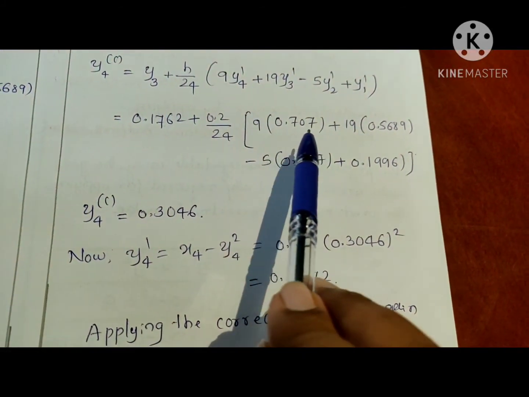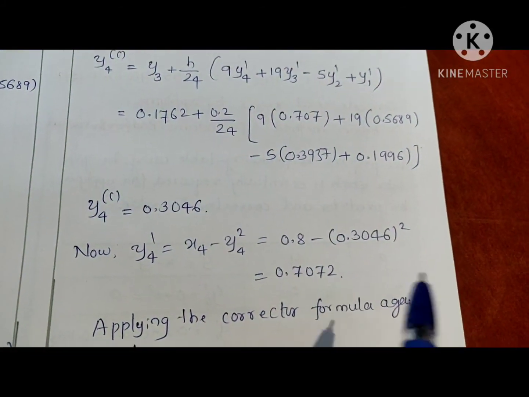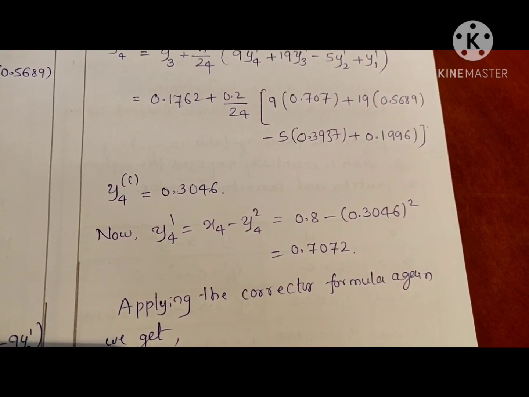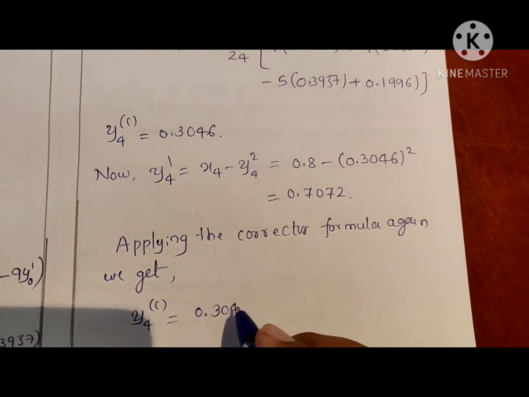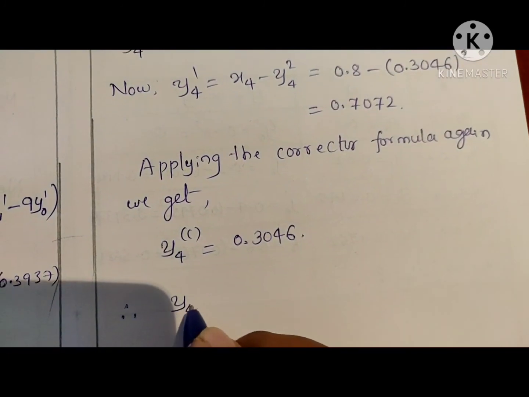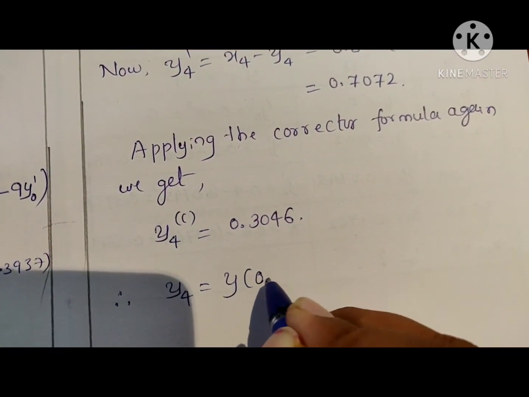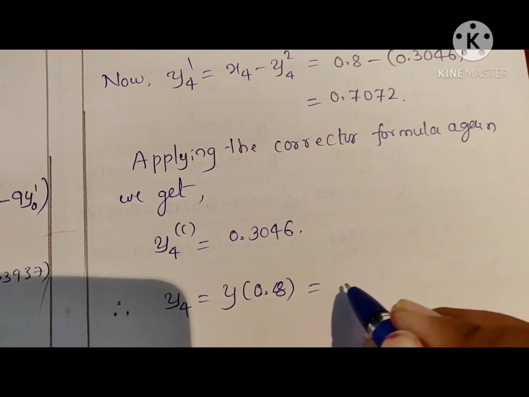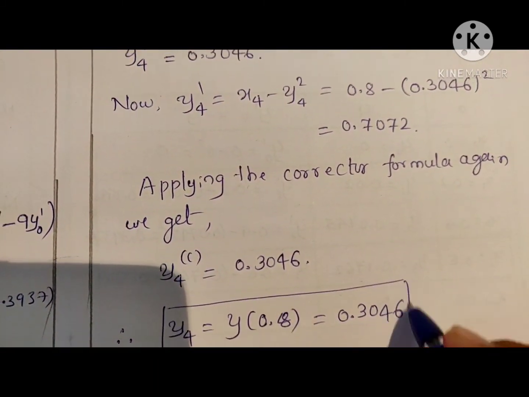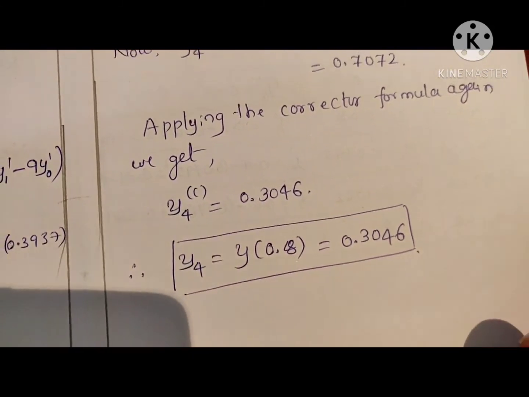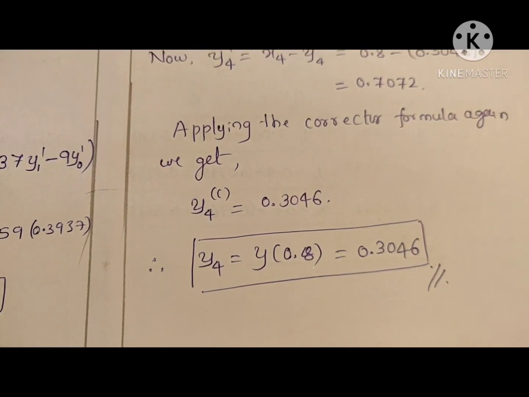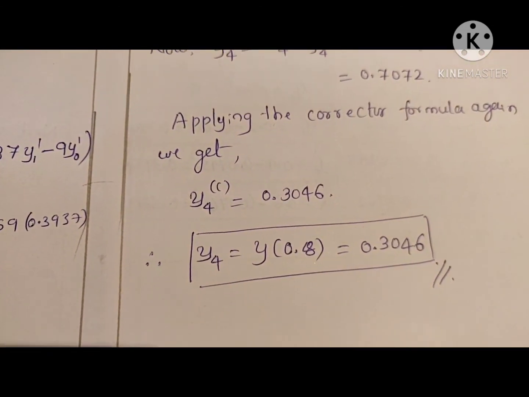Instead of 0.707, you have to write 0.7072. So y4 of c, you will get as 0.3046. Therefore y4, that is y of 0.8, is equal to 0.3046 by Adams-Bashforth method. So by both methods, the answer will be the same. In the next video, we will solve another example.